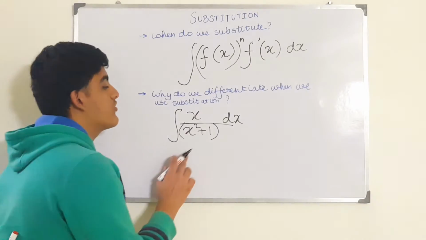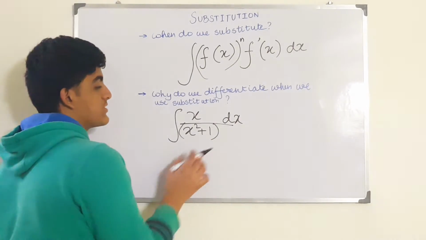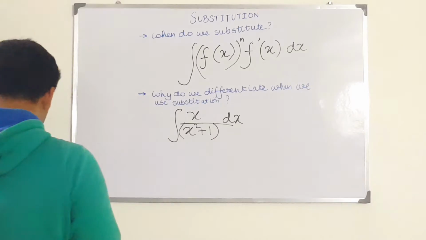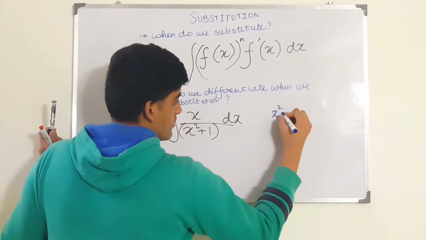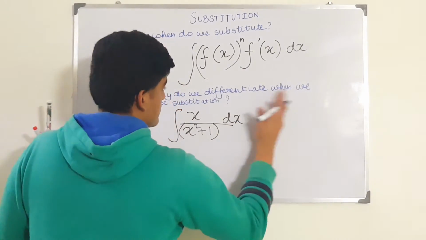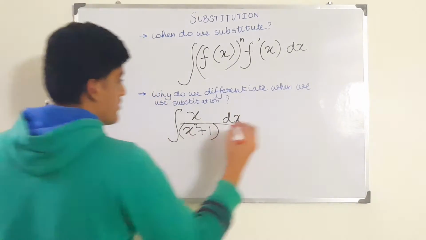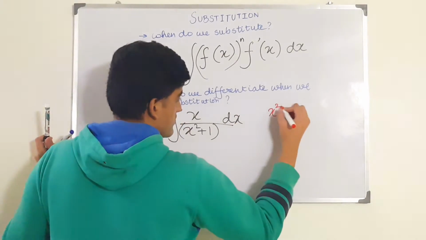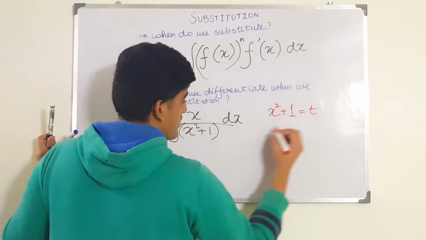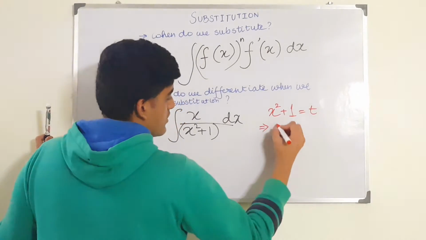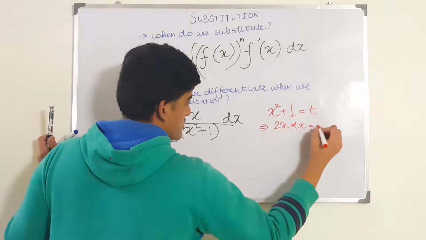That's right, I'm going to differentiate x squared plus 1. I'm going to substitute it. And so let me do it in another color. x squared plus 1 is equal to t. So when we differentiate both sides, this is what we get.